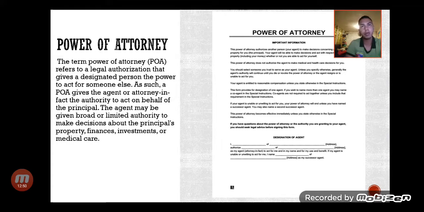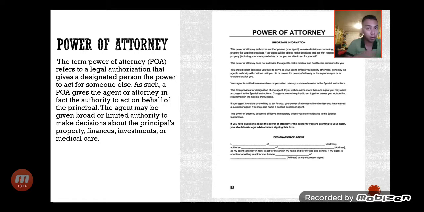So this document, the power of attorney, is used to give authority to a particular person besides the owner to act or decide on behalf of the principal or owner of the properties, finances, investment, personal care, and the like.